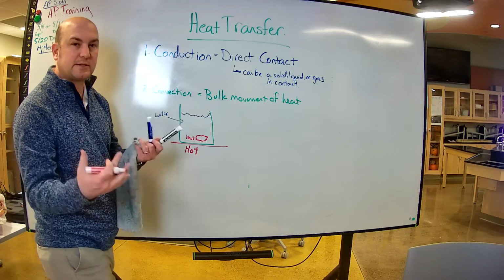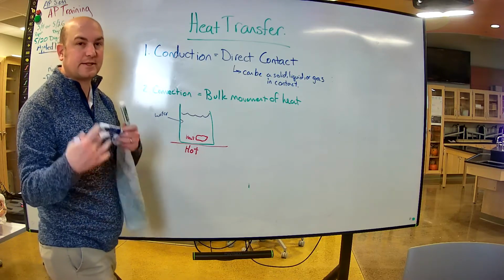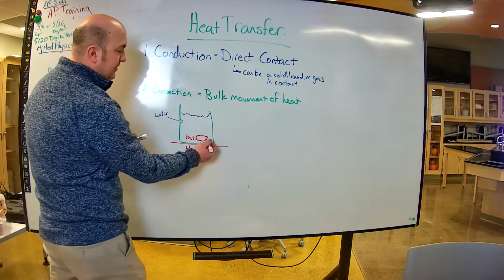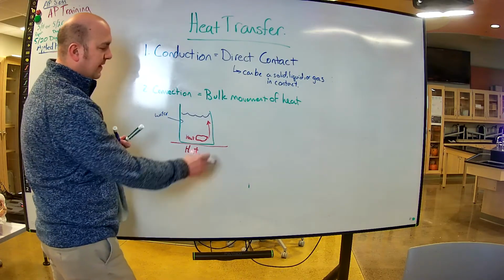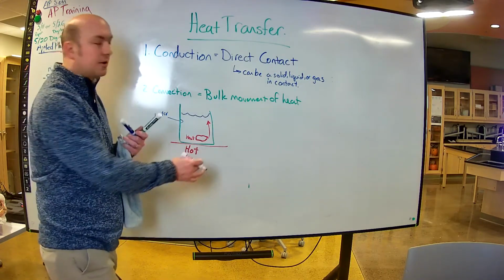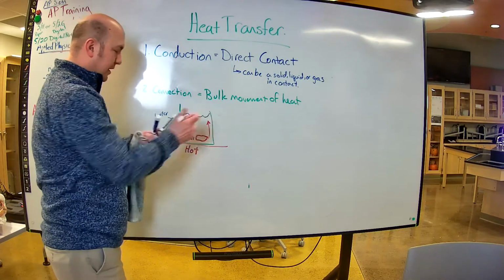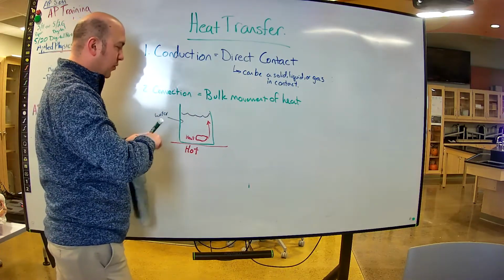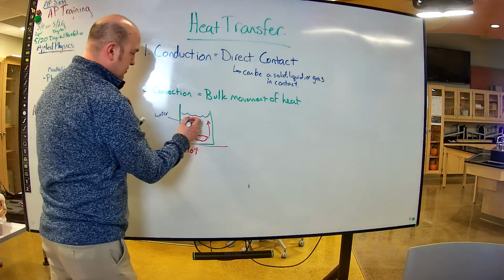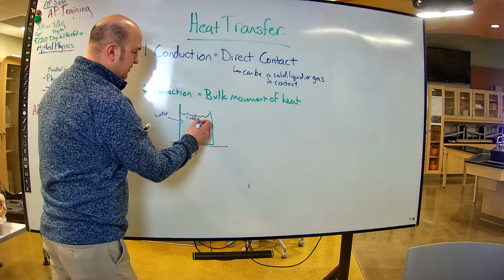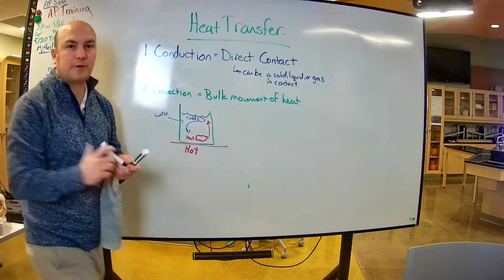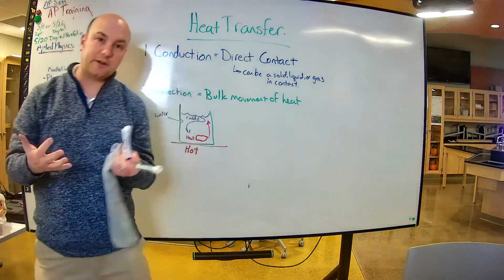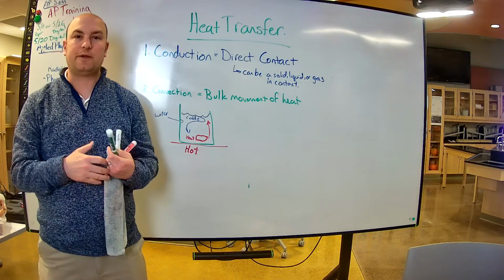As water or fluids, so liquids and gases, heat up, they tend to expand. As they expand, they tend to rise. So the hot water is physically moving up, and the colder water is physically moving down. That's where you get convection, because the actual material that's hot or cold is moving.